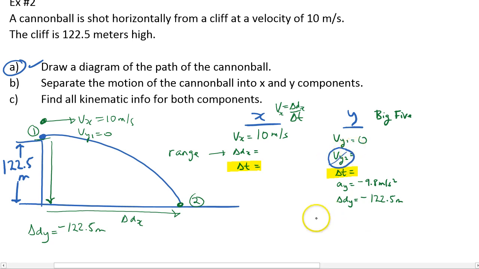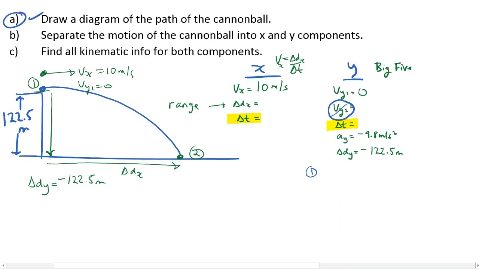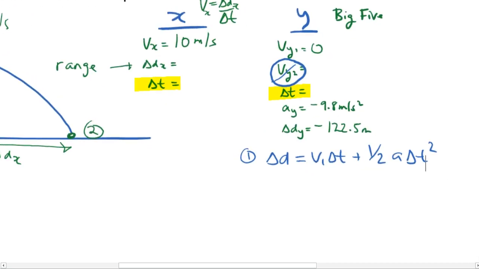So once again, I'm going to use equation number 1: delta d is equal to v1 delta t plus 1/2 a delta t squared. The only difference is that I'm going to add all my little y's here because I'm moving in the y direction. vy1 is equal to 0, so I can just lop that off right away. And I know that delta dy is negative 122.5.